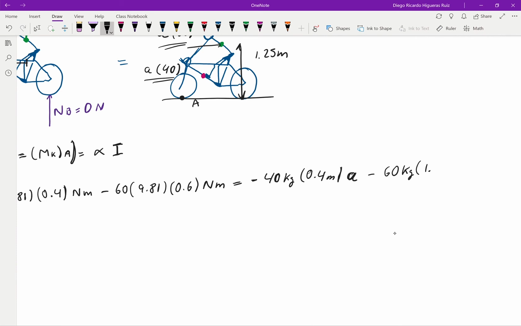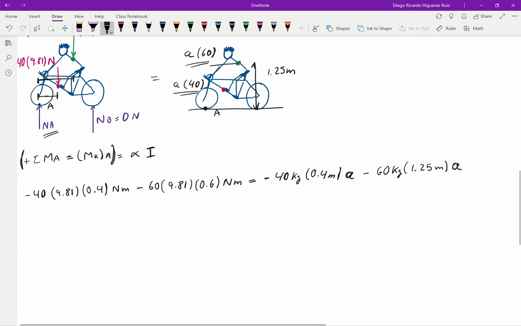So 1.25 meters times A. All right, so we need to solve for A now.